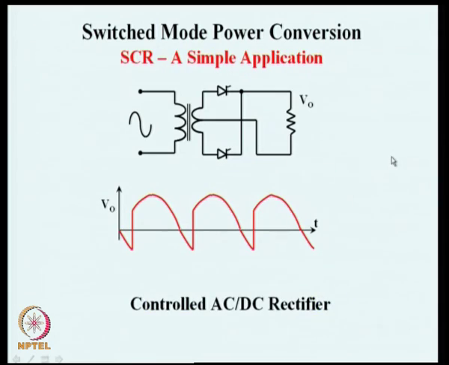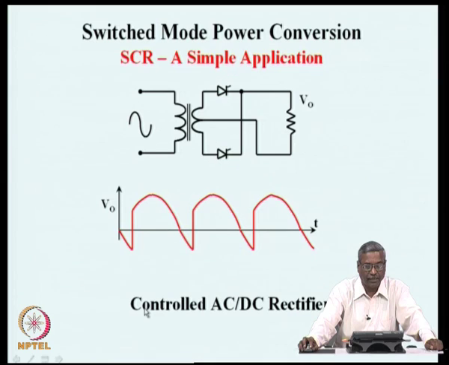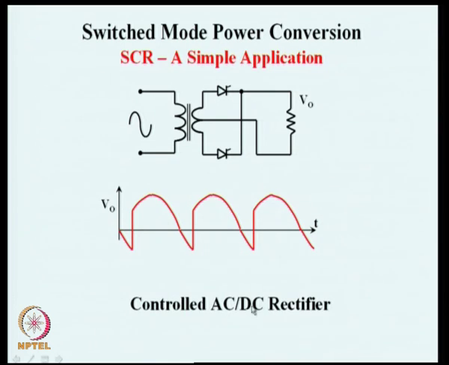So, this is an application of a controlled AC to DC rectifier. What we had seen, a rectifier is a device which converts AC to DC. The same kind of circuit, the diodes are replaced by thyristor. The load is an inductive load. So, it is possible now because of the gate control that is available, in the case of a diode, conduction is always at the start of the cycle because diode has no control.